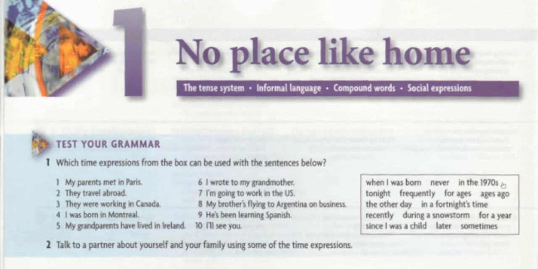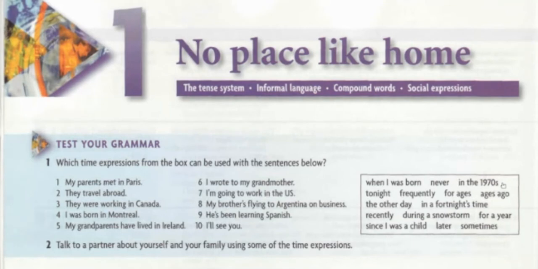Number 5. My grandparents have lived in Ireland. Present perfect, because we have have, and after have we have the past participle. It's a rule that you should keep in mind. After have, had, has, always the verb is in the form of past participle. This is a rule. While after the modals, will, could, we always have an infinitive, a verb without adding anything to it.